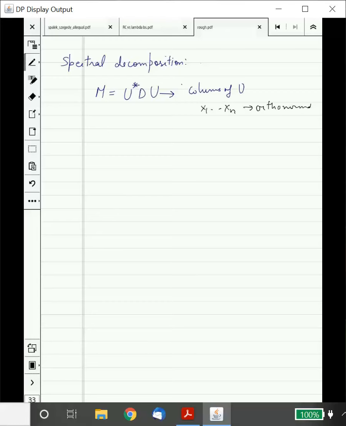This will imply, you can easily check, that U is unitary. So spectral decomposition says any normal matrix is unitarily equivalent to a diagonal matrix.